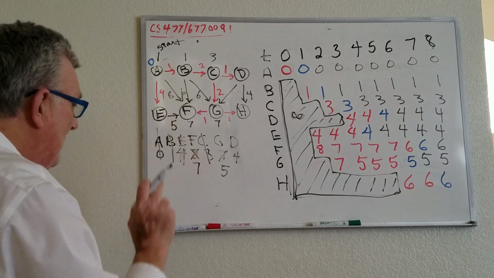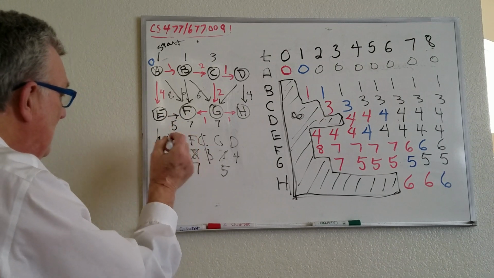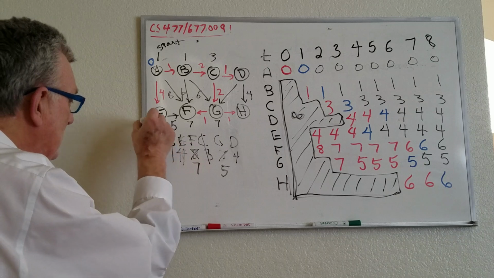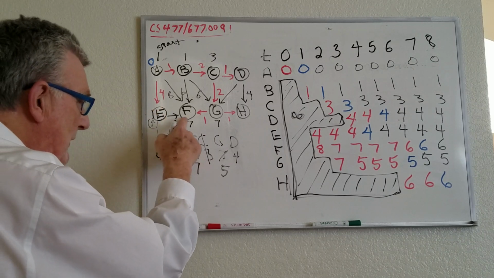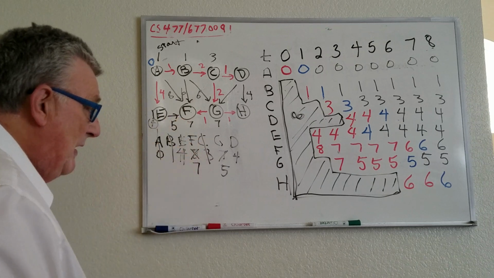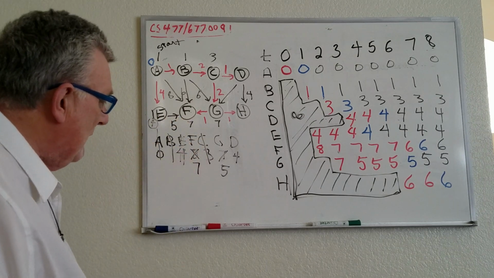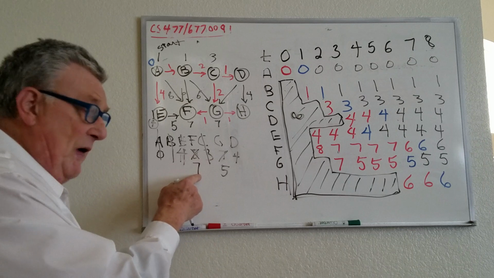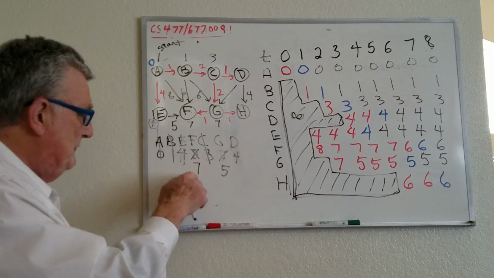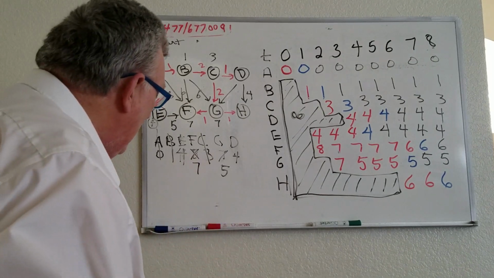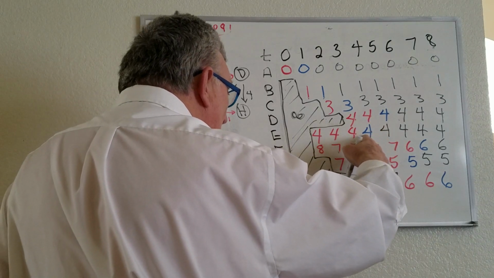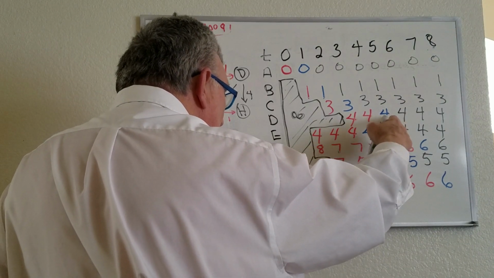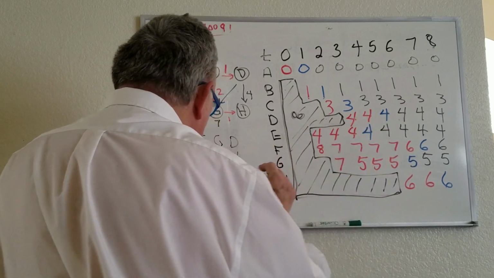E has only one out neighbor, F, and since E had the value 4, the updated value here is 9. Now 9 is not less than 7. Therefore, the value of F is not changed. All right, now we're done with that. We give E the value 4, its permanent value.